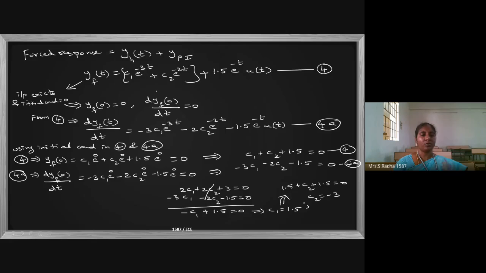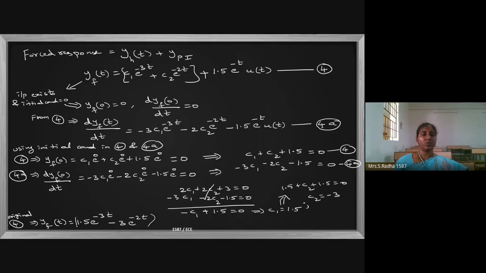So the original equation 4, the forced response, equals c1 value 1.5 e power minus 3t, c2 value minus 3 e power minus 2t.